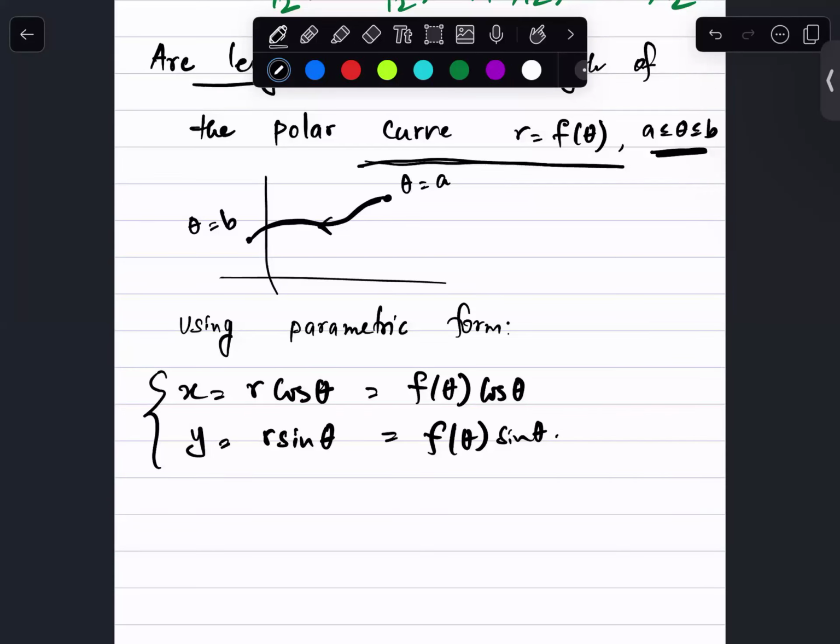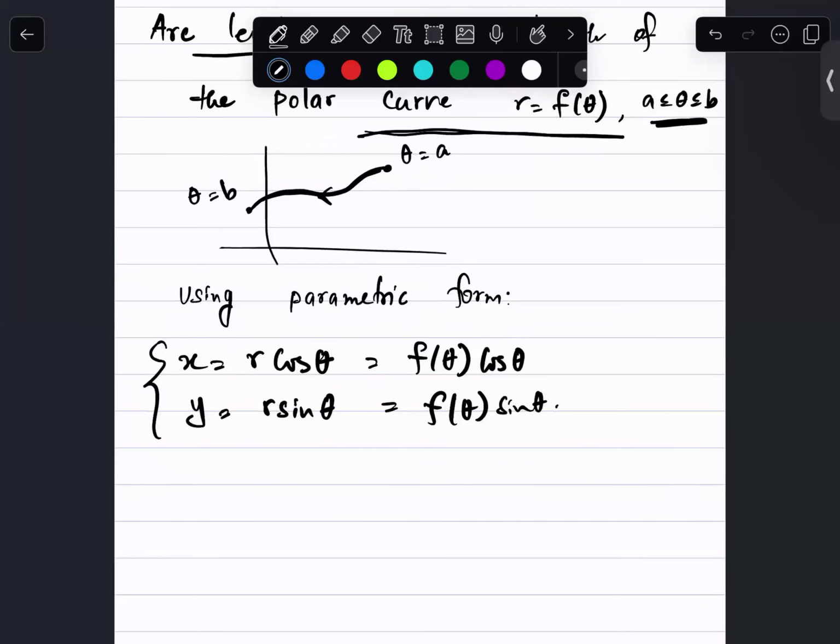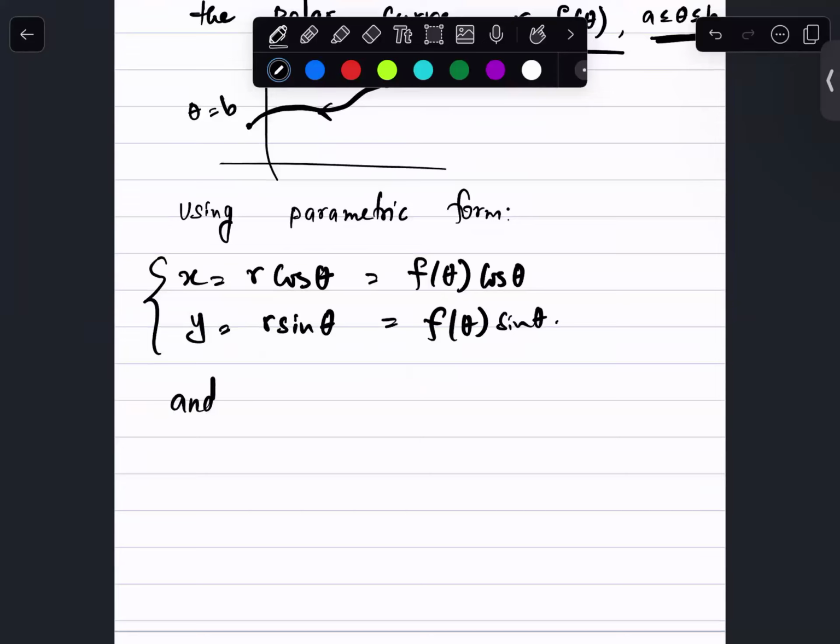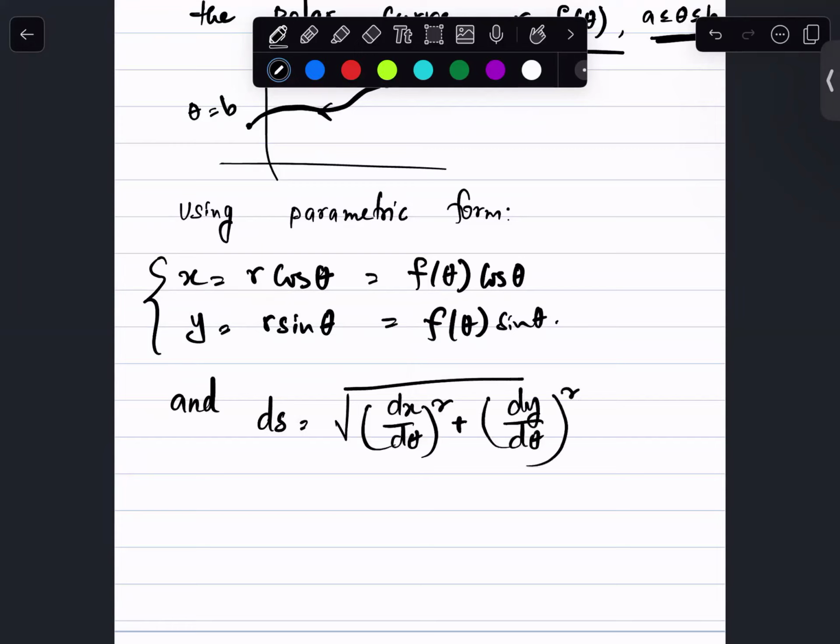Okay. Now, if I use the formulas of arc length, which we discussed in parametric equations, then I know that there we have this formula for arc length.